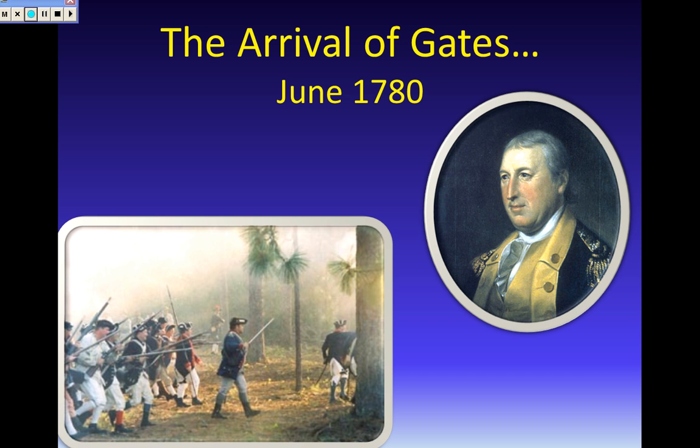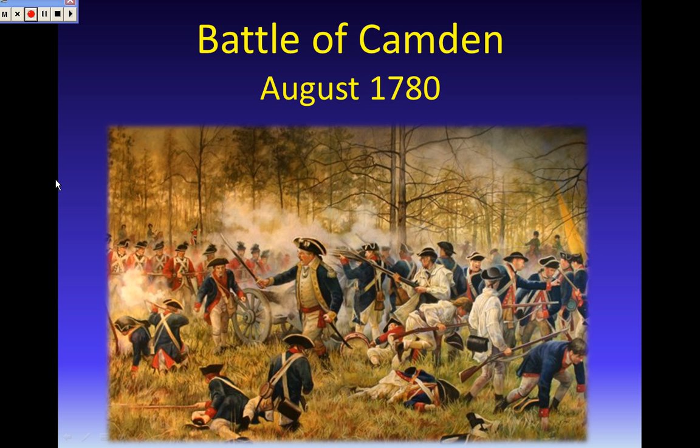He needed help from others, but he won it. So, Gates finds out that Cornwallis is on the march that August, and the two sides will face off at the Battle of Camden.